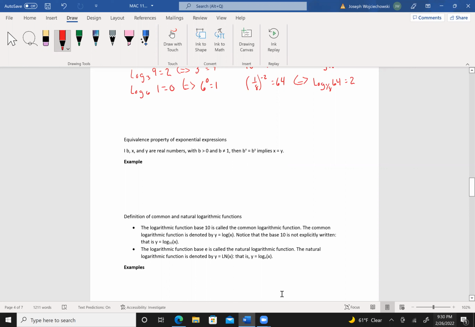So now we can evaluate these expressions. What is the log base 5 of 125? Well, if we set this equal to y, we have 5 to the y power equals 125, and y equals 3.